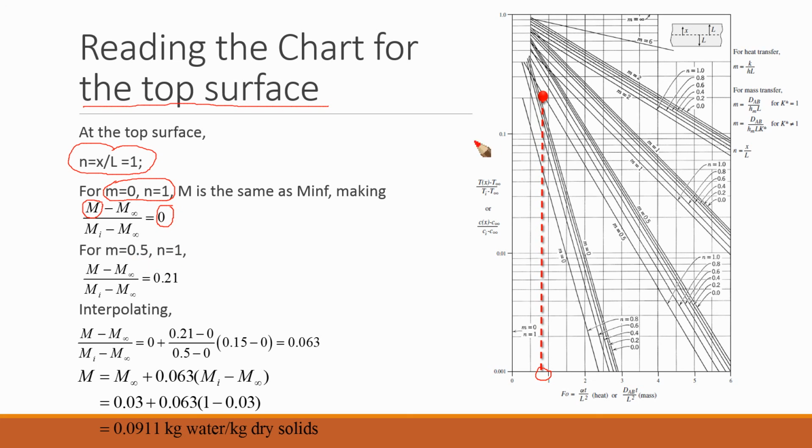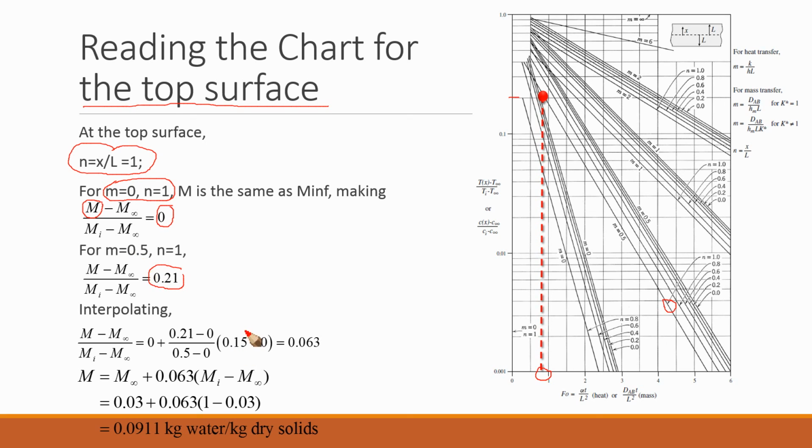And for m equals 0.5 and n equals 1, so this curve or this line, we can read that one, and that's 0.21. So we have 0 for m equals 0 and 0.21 for m equals 0.5.